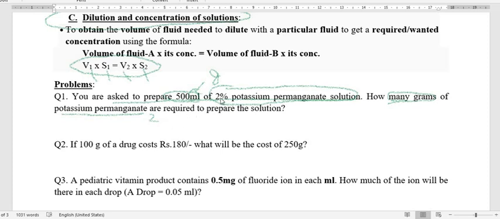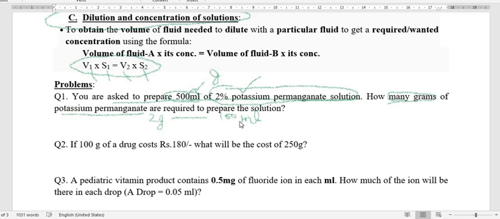If you represent it in percentage, 2% potassium permanganate indicates that 2 gram of potassium permanganate is required to make 100 ml of solution. 2% means 2 gram of potassium permanganate as an active constituent has to be dissolved in a final volume of 100 ml of distilled water.